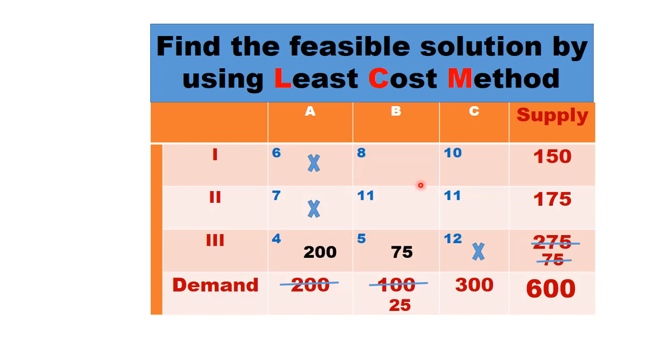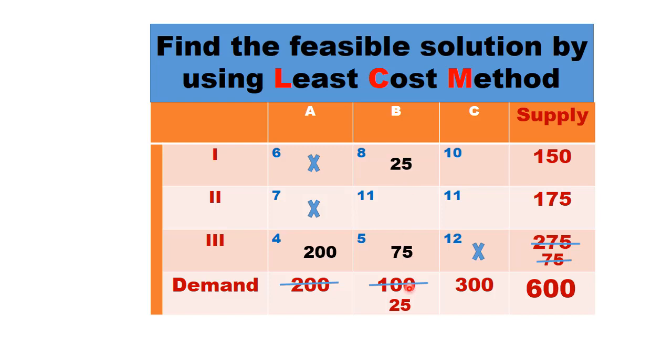Now see the remaining unallocated cells 8, 10, 11, 11, out of which 8 is the minimum cost. Now see the supply and demand values. Supply is 150 and the demand is 25 units. Of 150 and 25, the minimum is 25, so we allocate 25 units to this cell.